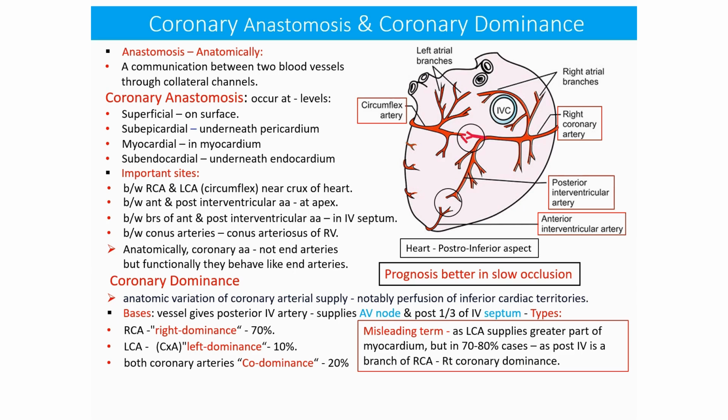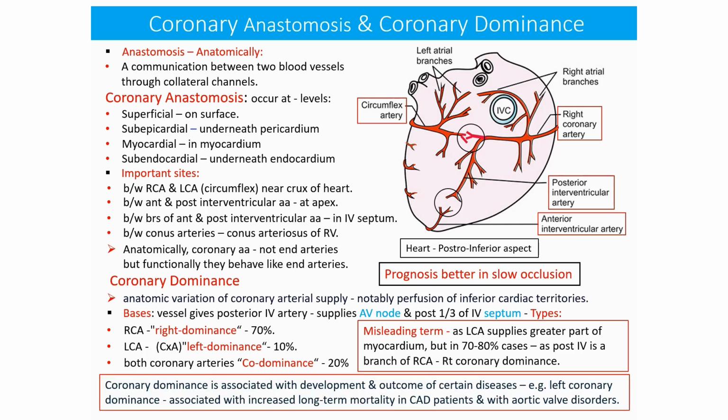Coronary dominance is a misleading term, as left coronary artery supplies greater part of the myocardium, but in 70 to 80% of the cases, as posterior interventricular artery is a branch of right coronary artery, hence the right coronary dominance. As regards the clinical relevance, coronary dominance is associated with development and outcome of certain diseases.